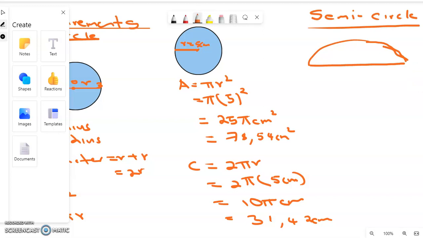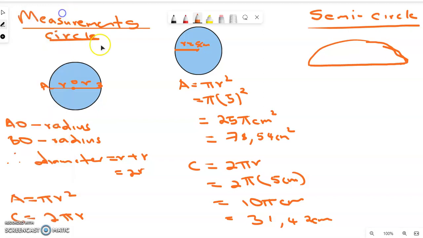So to calculate the area for the semicircle, area is equal to pi r squared. Then your answer, you divide it by 2. Why? To show that this is half of the circle.